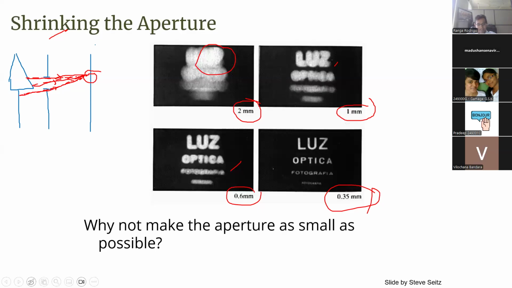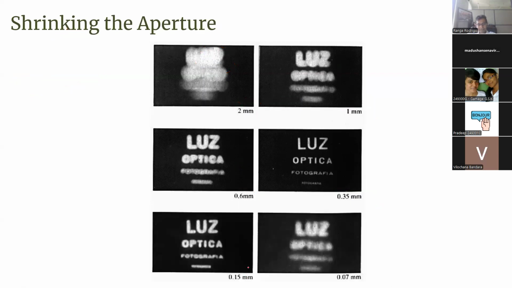The reason is low light. If you make it small and smaller, light becomes low and lower. So therefore, your imaging device will not be able to make an image. Not enough. But that's not the only problem. One more problem will occur: diffraction. So what is diffraction? Diffraction means light bending at an edge. So when you make the hole very small, light bends at an edge and diffraction happens.